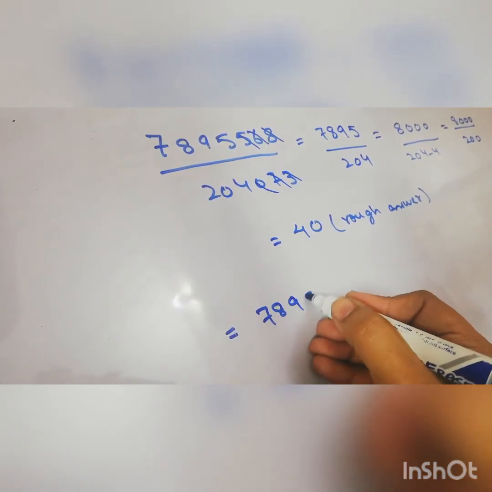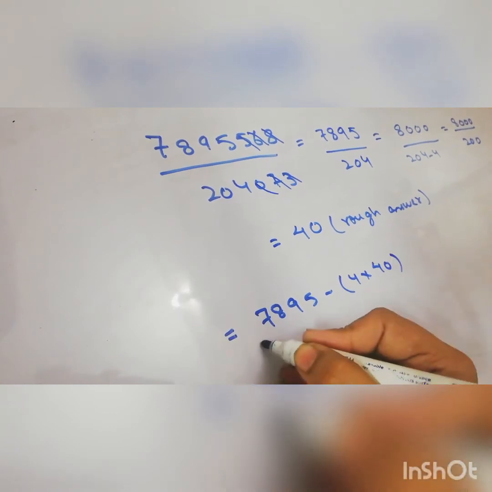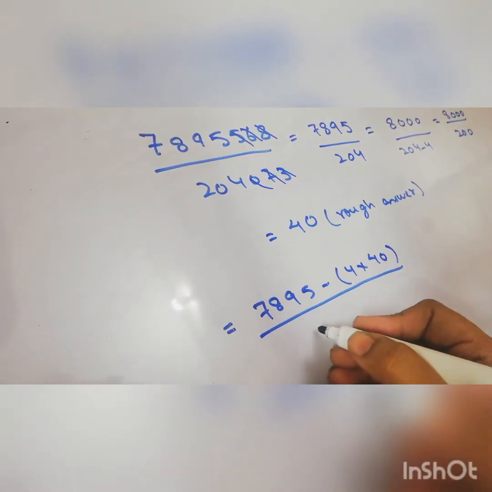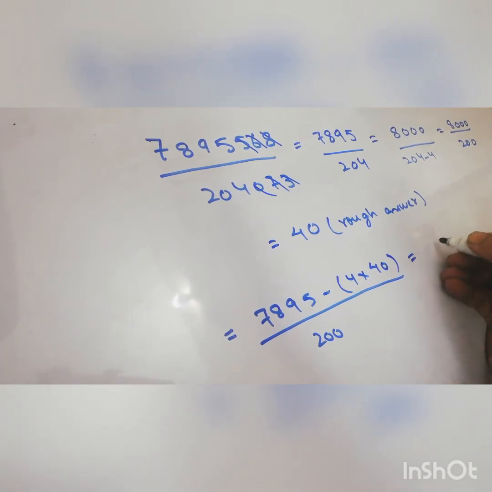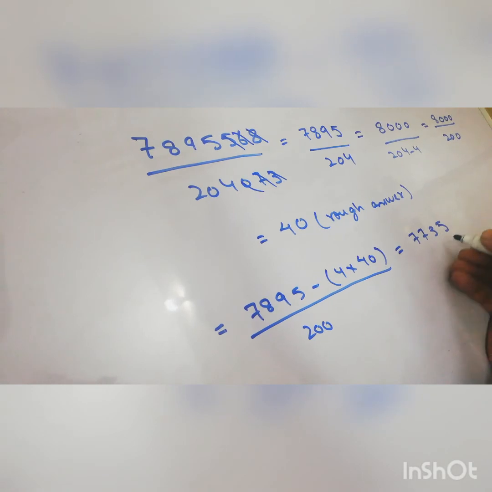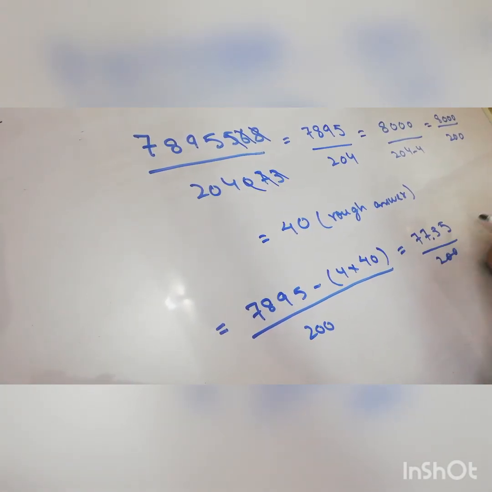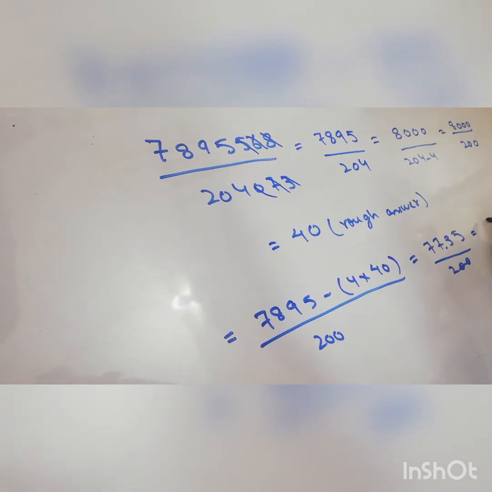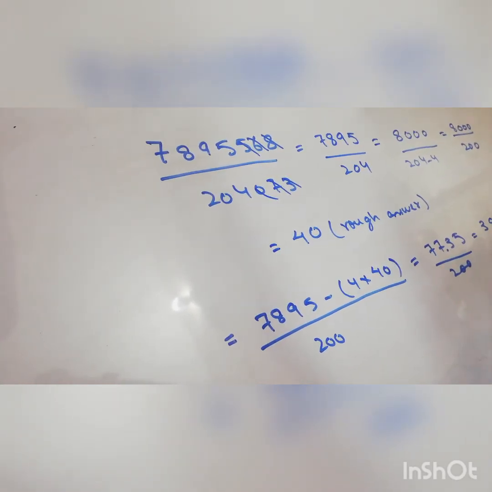So after subtracting the multiple of 4 and 40 and dividing it by 200, I'll get 7735 divided by 200. I will add the decimal. 77.35 divided by 2 will be equal to 38.65.